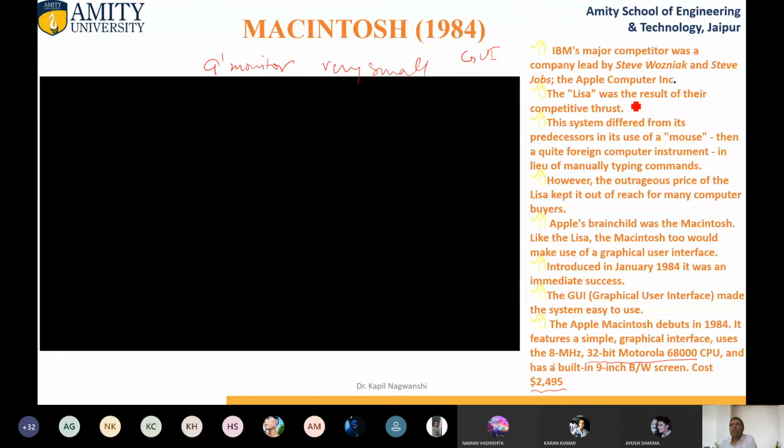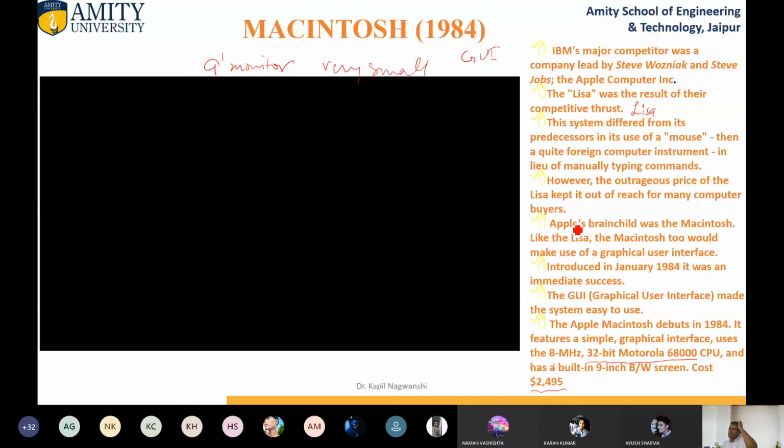The Lisa was the result of their competitive thrust. So before the Macintosh, Lisa was there. This system differed from its predecessor in its use of a mouse, then a quite foreign computer instrument, in lieu of manually typing commands. However, the outrageous price of the Lisa kept it out of reach for many computer buyers.